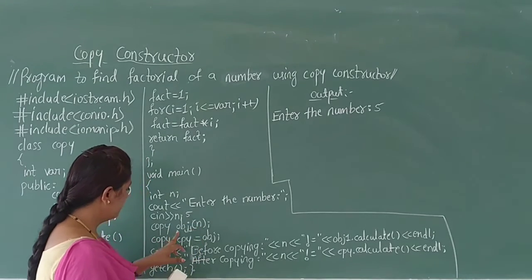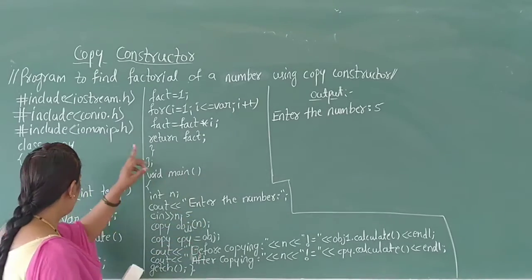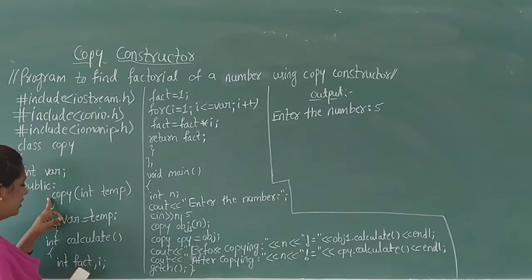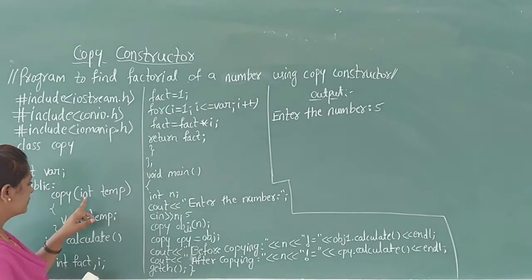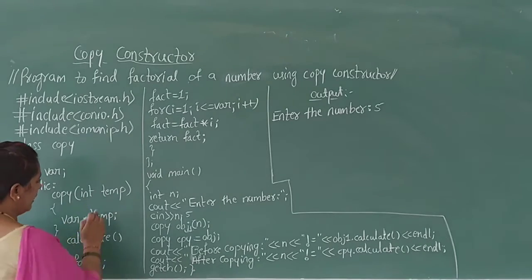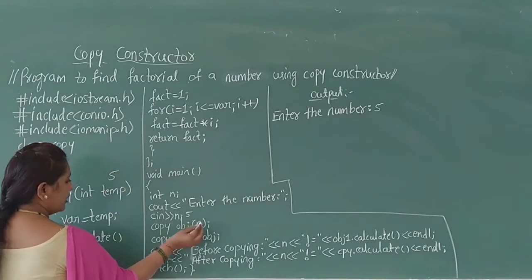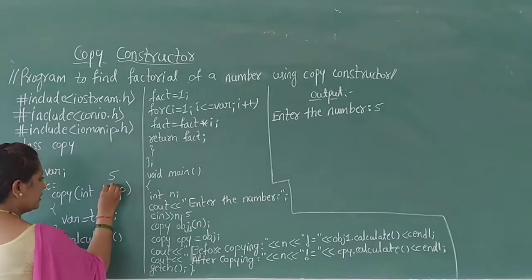obj1. Then the copy constructor is invoked automatically, and it connects to the copy constructor where it is defined in the class, and it reads the temp, and the temp value is 5 because the n value is copied to the object temp.